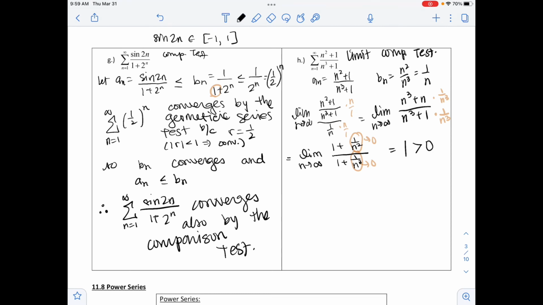And we know that the sum from n equals 1 to infinity of b sub n, which is equal to the sum from n equals 1 to infinity of 1 over n, diverges because it's a harmonic series.